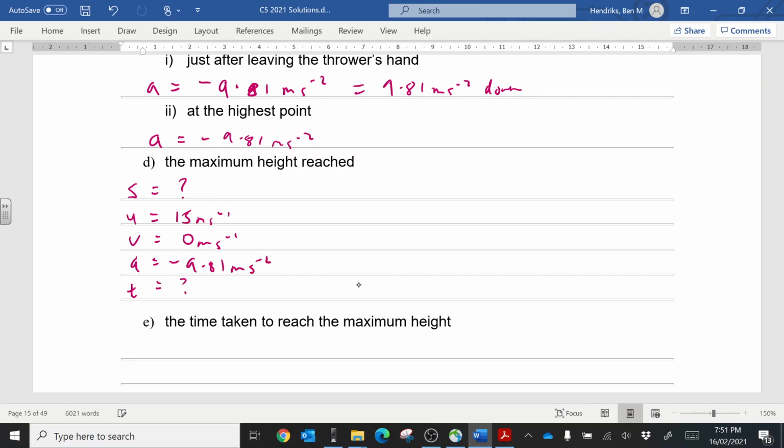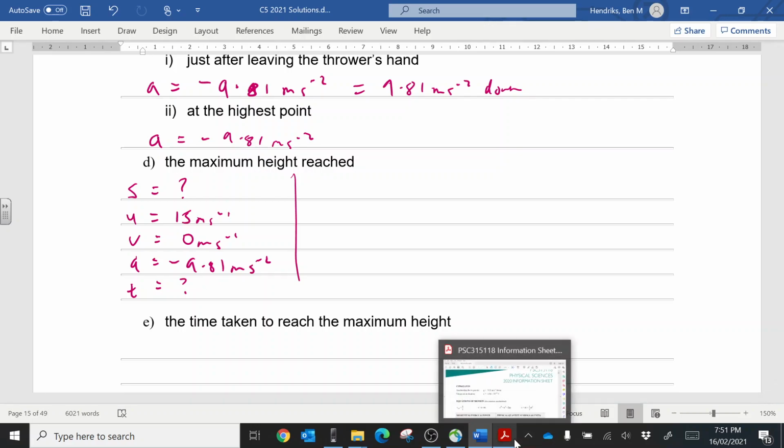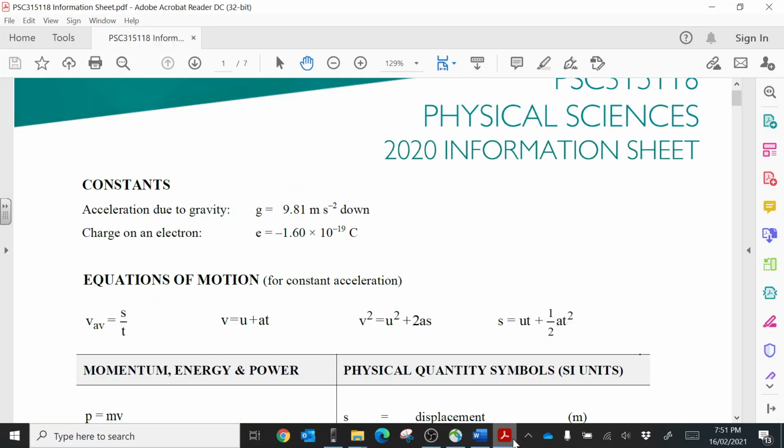And t we don't know. So now we are looking for s, because the maximum height is equal to the displacement from the thrower. We know what v is, we know what u is, and we know what a is.